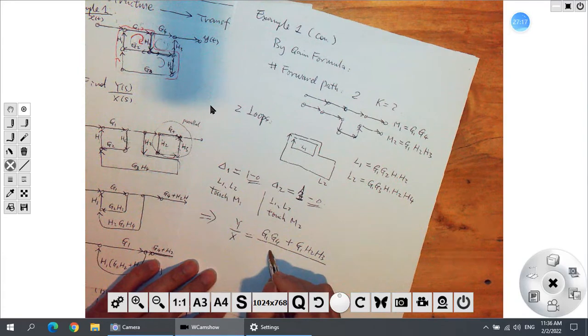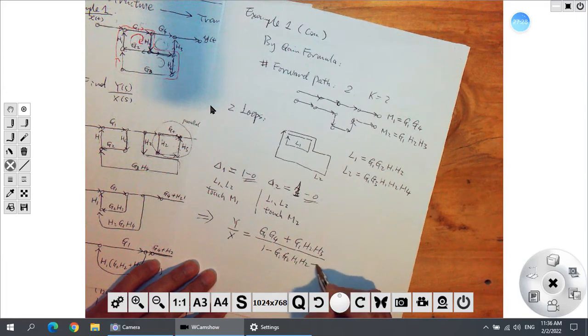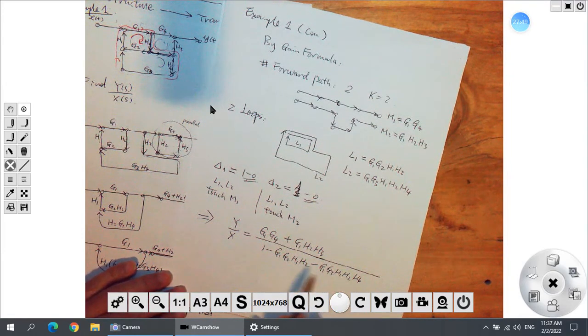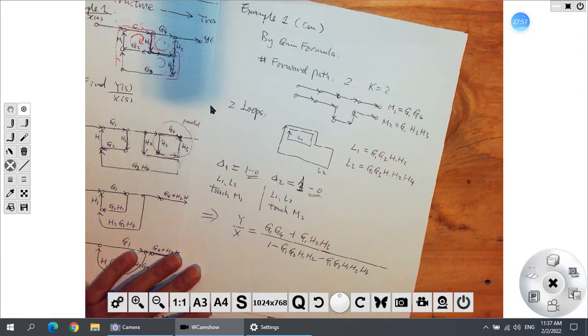And the denominator is delta, so it is 1 minus, we have two loops, so minus G1, G2, H1, H2, this is a loop, and another loop, minus G1, G3, H1, H2, H4. Then you consider, do we have any pairs that do not have common parts? No, we only have these two loops, and they have common parts. Both contain G1, H1, H4. So no more terms in the denominator. And the final answer is just this.